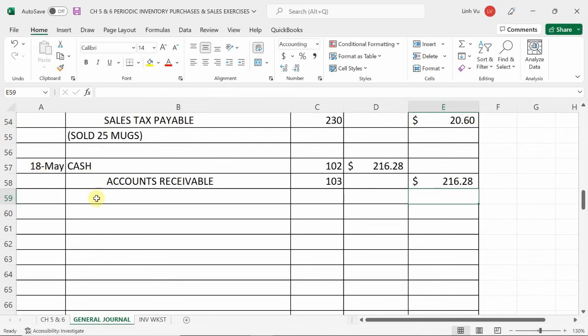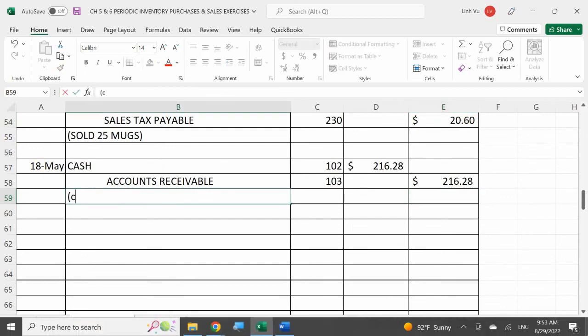And then I can go ahead and say customer A has paid in full. No discount because they missed the discount due date.